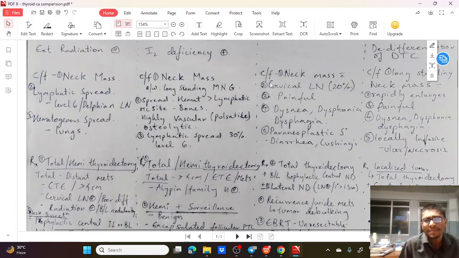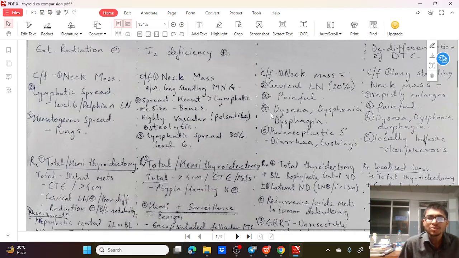Then coming to the medullary thyroid cancer, these also present as a neck mass but are also associated with cervical lymph nodes. So here the chance of cervical lymphadenopathy is higher, and these are more aggressive and infiltrative, so they cause pain.